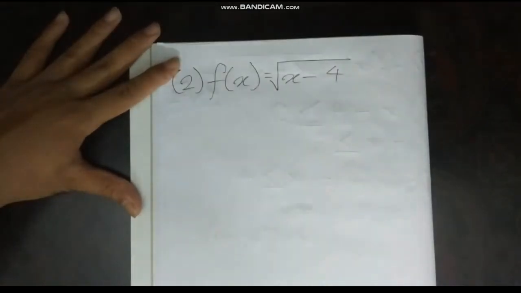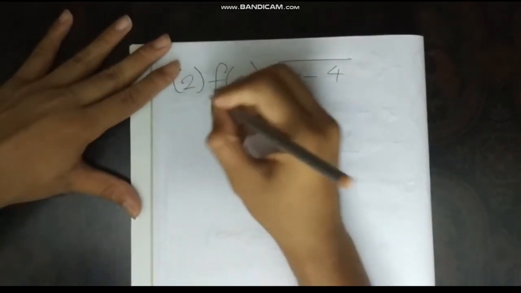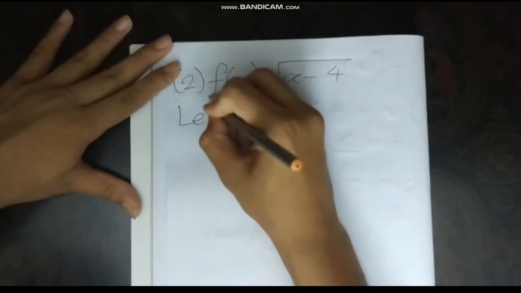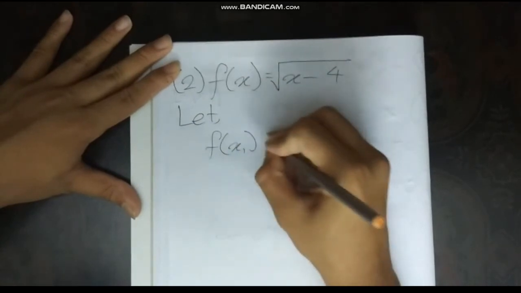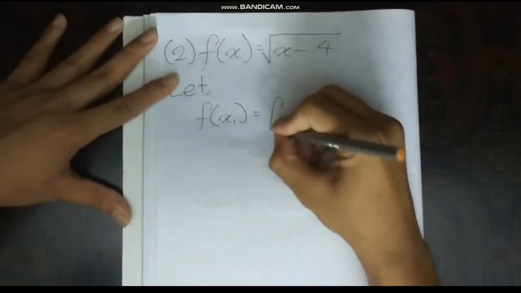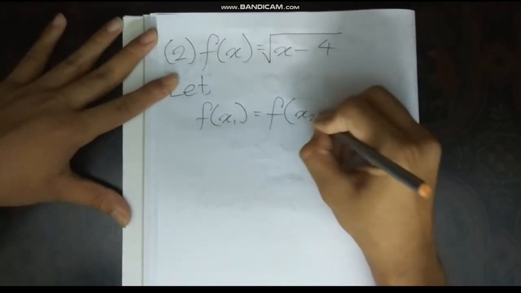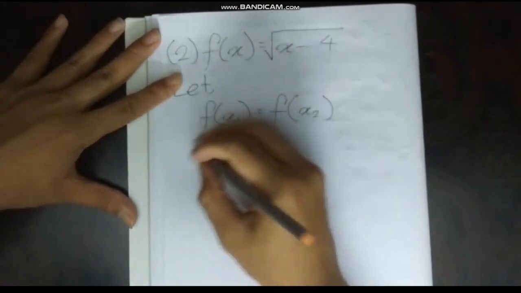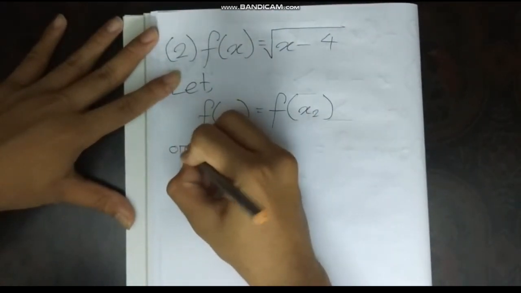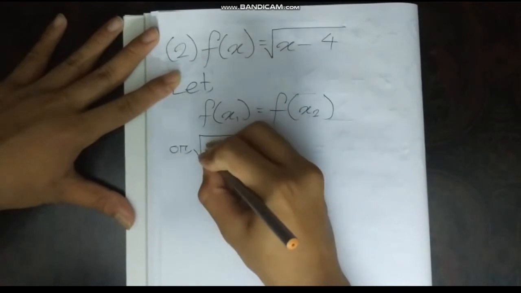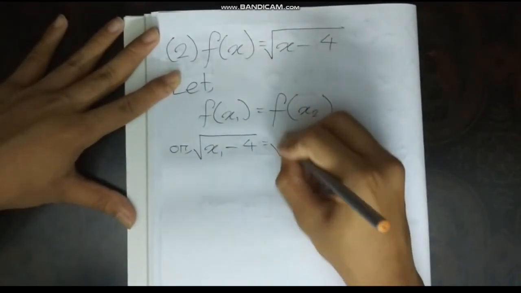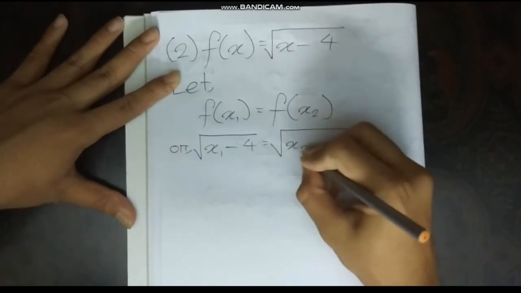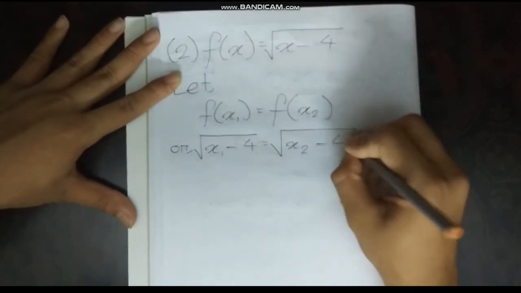The second one tells us to prove that f of x is a one-one function. Let's do that. Let f of x sub 1 be equal to f of x sub 2. Put the values: root over x sub 1 minus 4 is equal to root over x sub 2 minus 4.